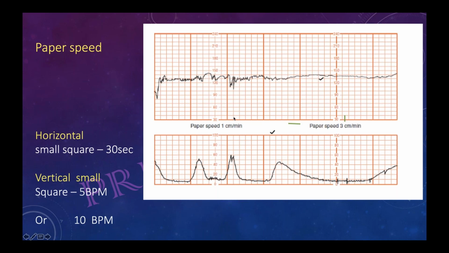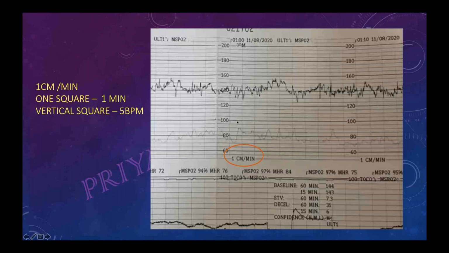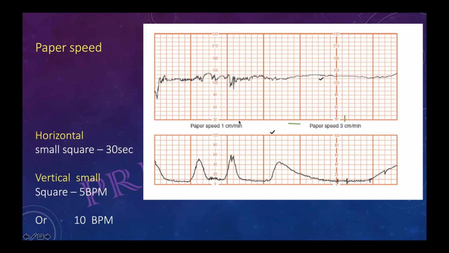Whenever we are seeing accelerations and decelerations, we have to really know what 1 centimeter is. This 1 centimeter is equivalent to 1 minute, and half of it is 30 seconds. So the smallest square is 30 seconds on the horizontal axis.